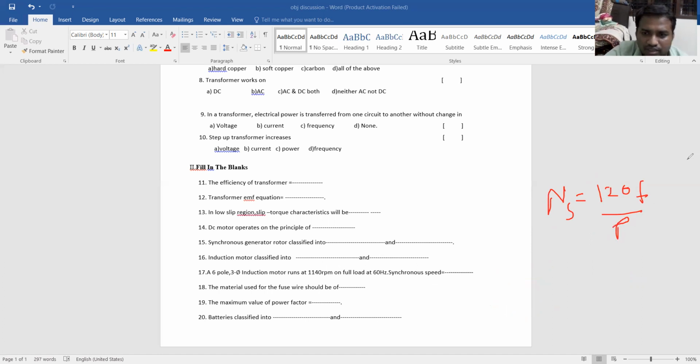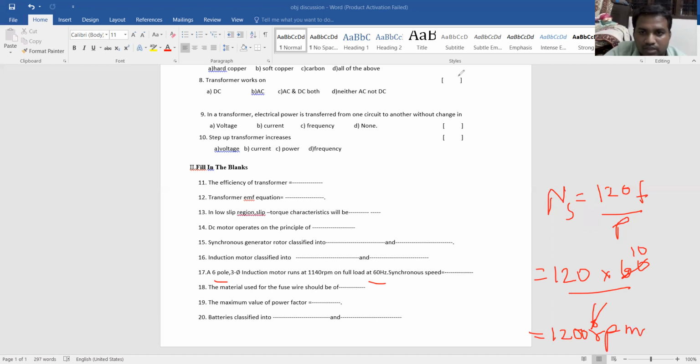You just verify. Frequency is already given, 60 Hz, and 6 poles are also given. Directly you can put those values. 120, frequency is 60, and number of poles is 6. 6 ones are 6, 6 tens are 60. So you can directly write it as 1200 rpm. It is in rpm, revolutions per minute.